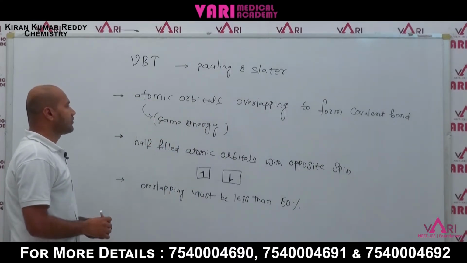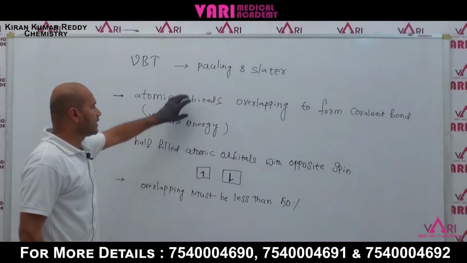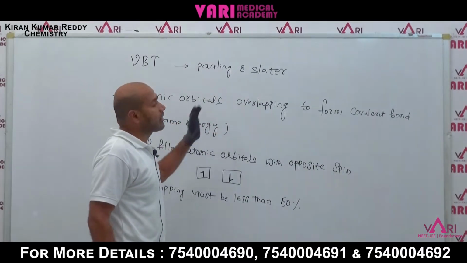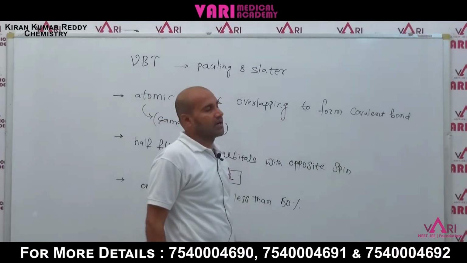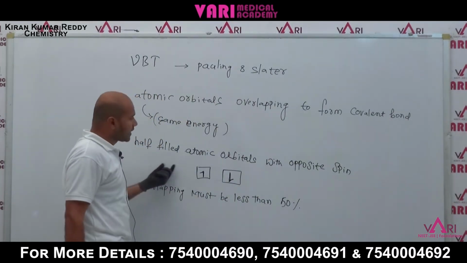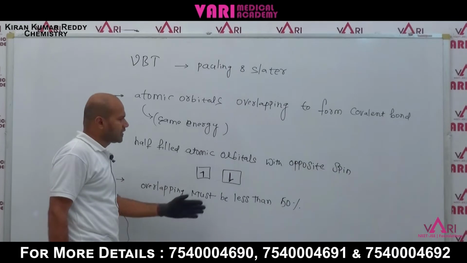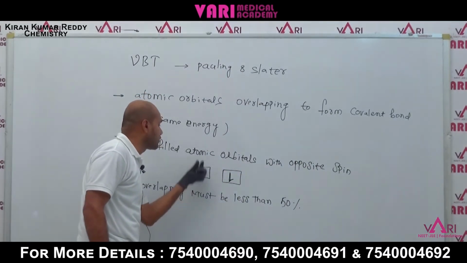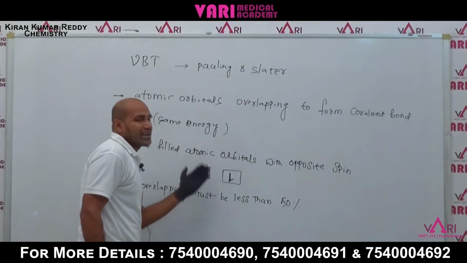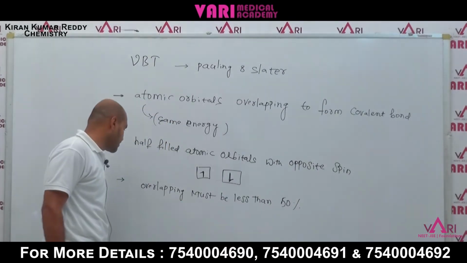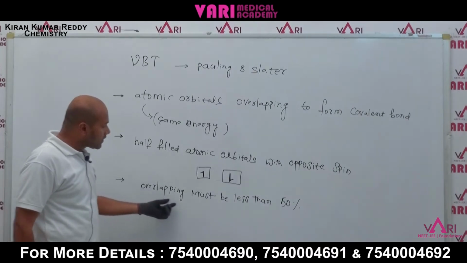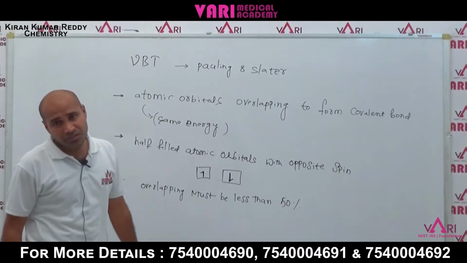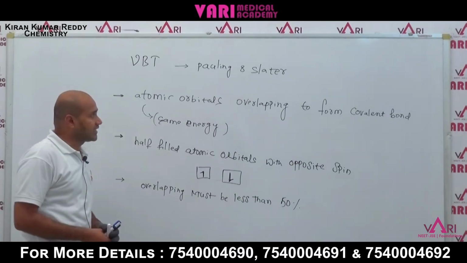What are the rules of VBT? Atomic orbitals are overlapping, not intermixing, not combining, overlapping to form a covalent bond. Next one is half-filled atomic orbitals with opposite spin. The electron spin is one above, one below, one clockwise, one anti-clockwise. Next one is overlapping must be less than 50%.